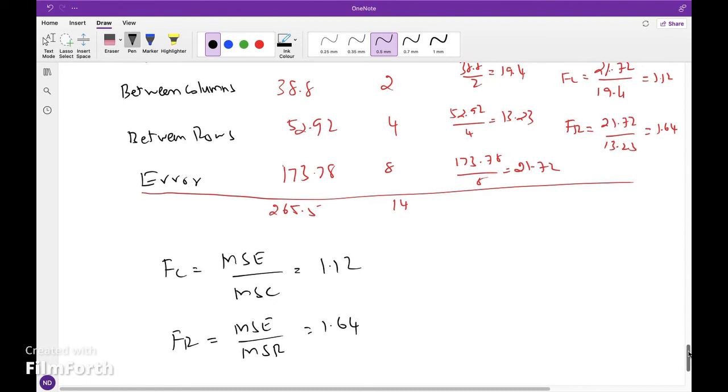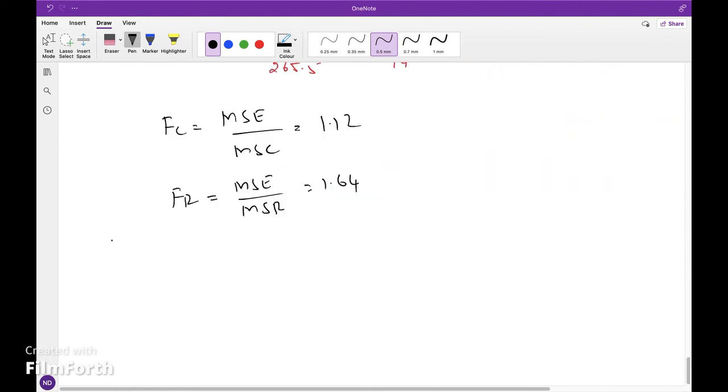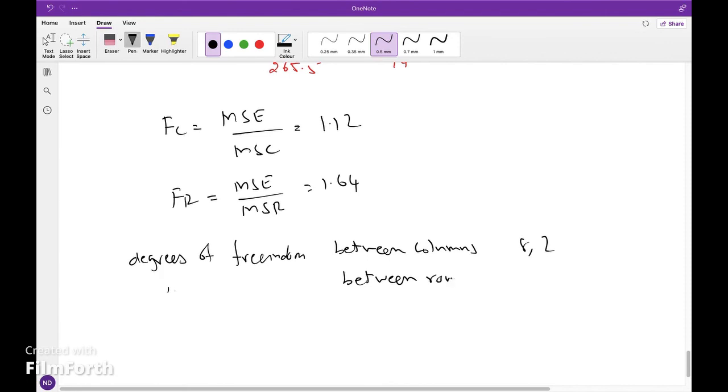The degrees of freedom between columns are 8, 2, and degrees of freedom between rows are 8, 4.